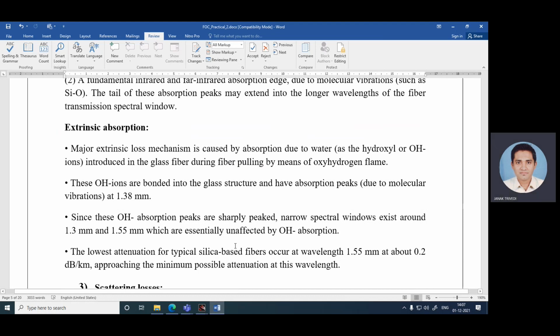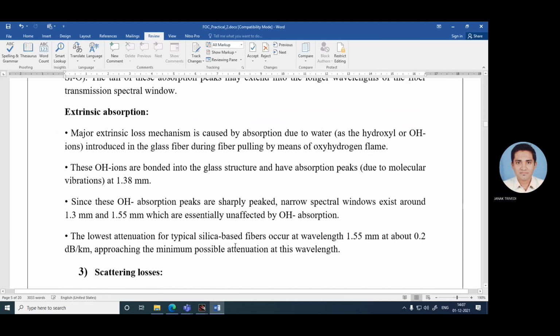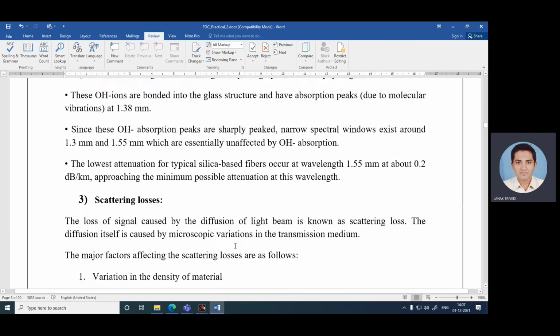Since these OH absorption peaks are sharply peaked, narrow spectral windows exist around 1.3 micrometer and 1.5 micrometer, which are essentially unaffected by OH absorption. The lowest attenuation for typical silica-based fiber occurs at wavelength 1.55 micrometer at about 0.2 dB per kilometer, approaching the minimum possible attenuation at this wavelength.